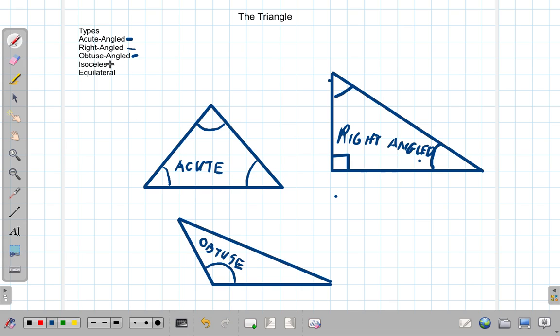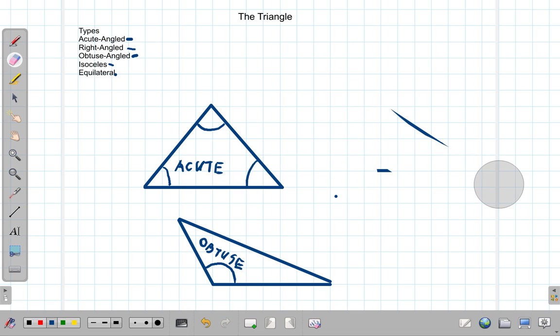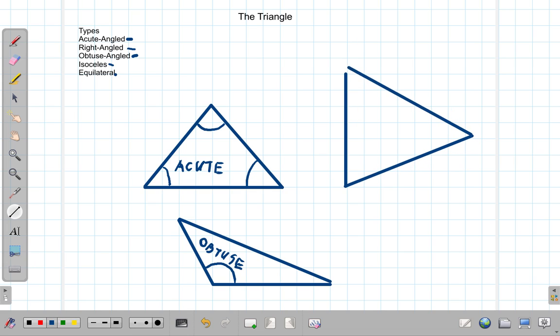We then have another type of triangle and that is the isosceles triangle. I'm drawing an example here.